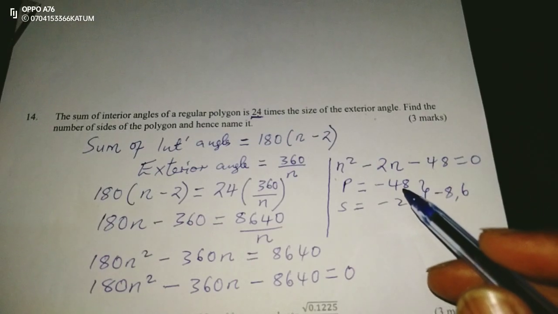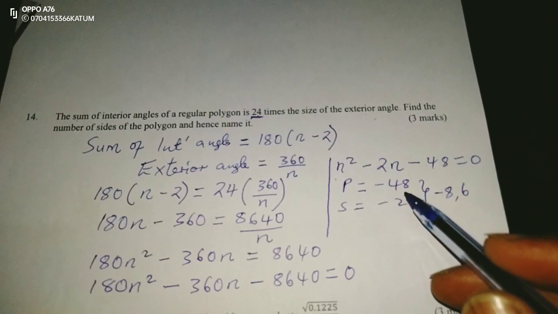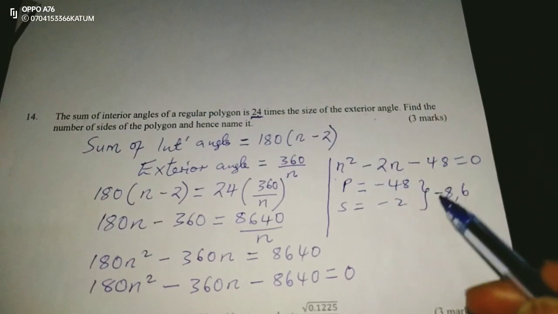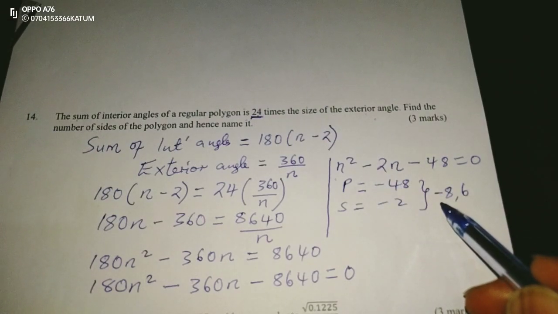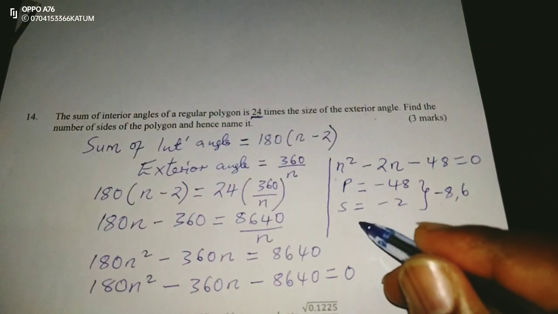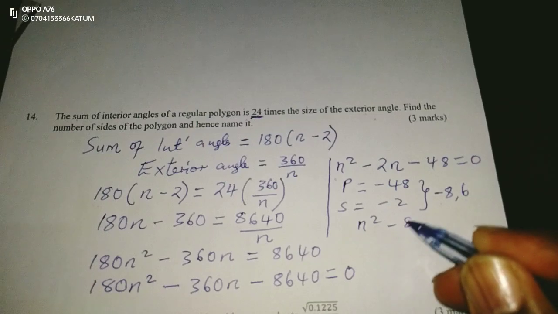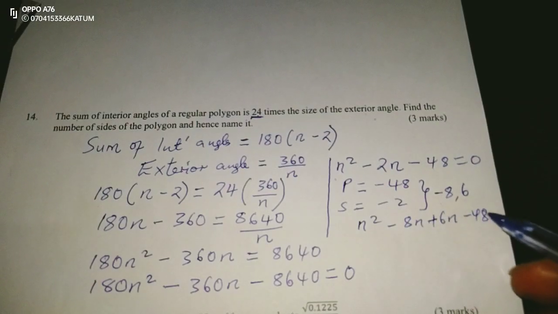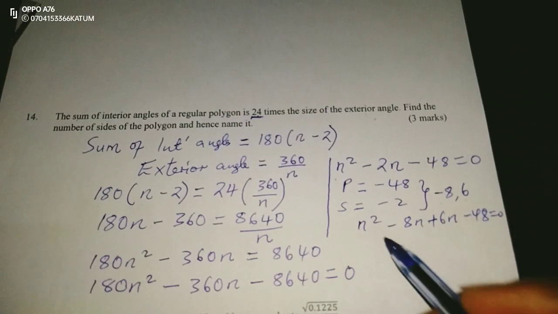Product negative 48, the sum negative 2. So now we can substitute negative 2n with negative 8 and 6. So we shall have n squared minus 8n plus 6n minus 48 equals to 0.